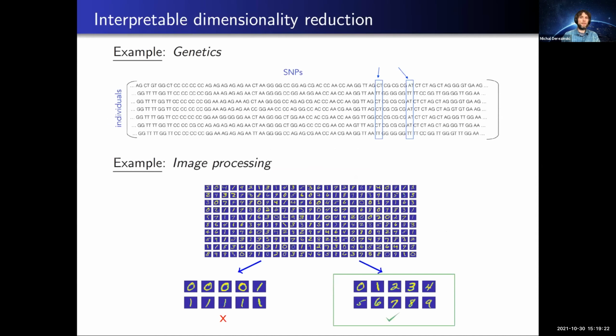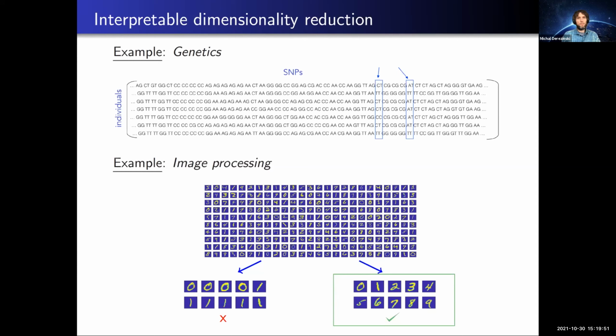As an example, consider a biological application with a large genetics data set where each individual is described by a sequence of genetic variations called single nucleotide polymorphisms, or SNPs for short. Prior work has shown that such data can be effectively characterized by a subset of SNPs chosen so that it is correlated with the top principal components of the data.